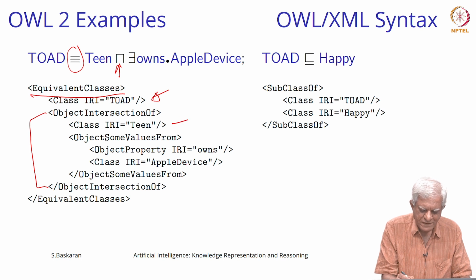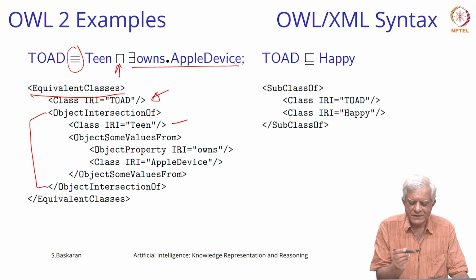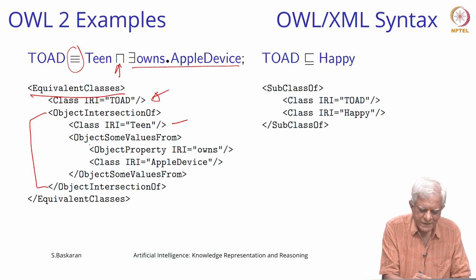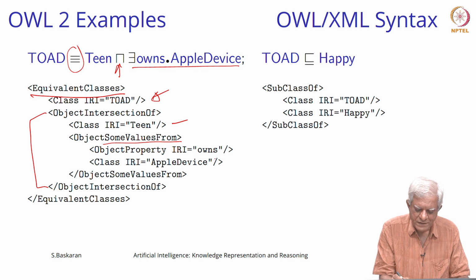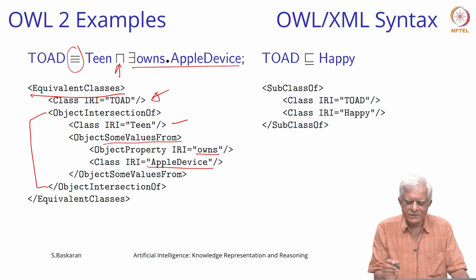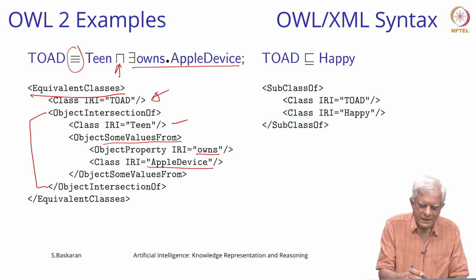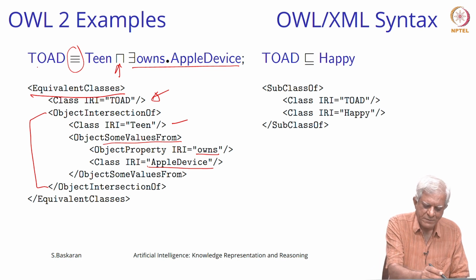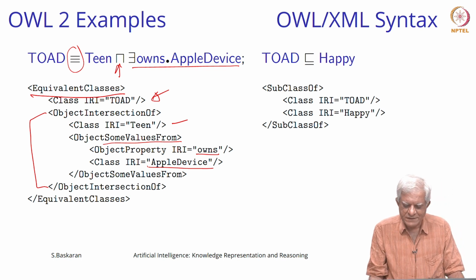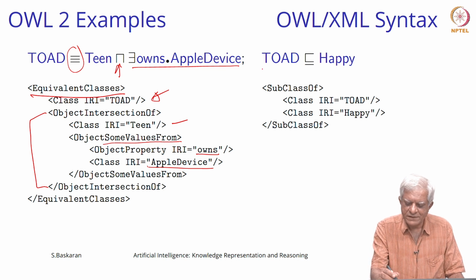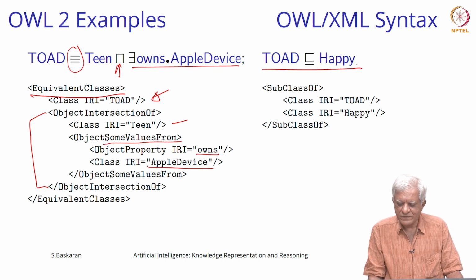One of them is teen and the other is this concept which says that you have some values for the role owns from Apple device. So, you have to be a teen and you have to be someone who owns at least one Apple device, and we are saying that the name toad applies to this concept essentially, and then we can say that toad is a subclass of happy device.